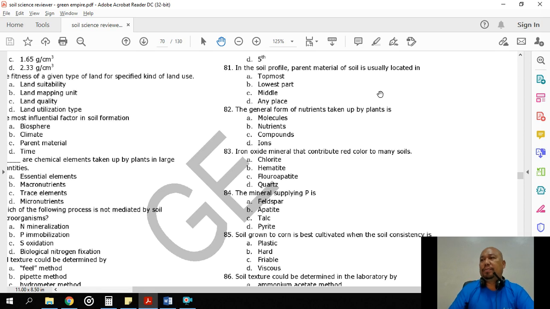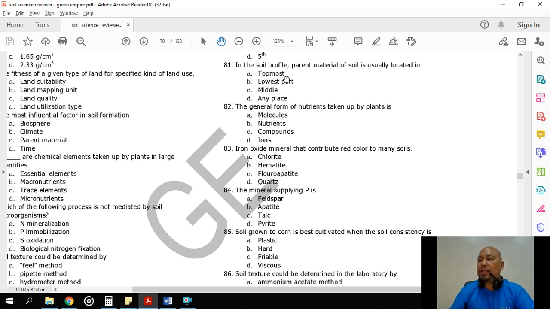Not a choice. Okay. In the soil profile, parent material of soil is usually located in. Okay, soil profile, you already know. It's a vertical section of soil with the different horizons. The parent material is where? It makes sense that it's in the lowest part, because the topmost part is exposed to the different factors of soil formation.